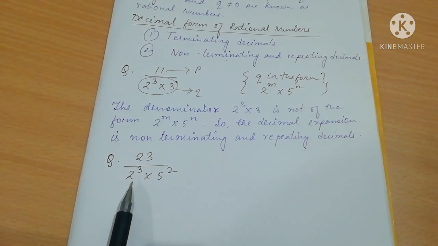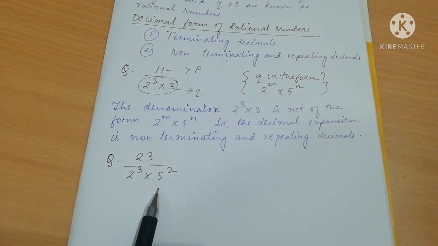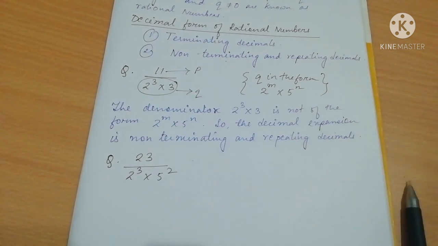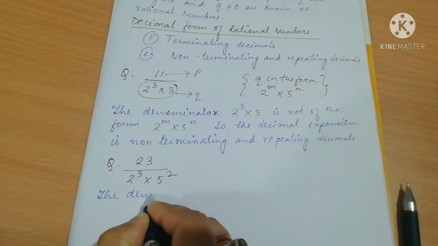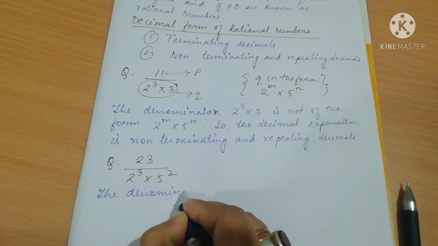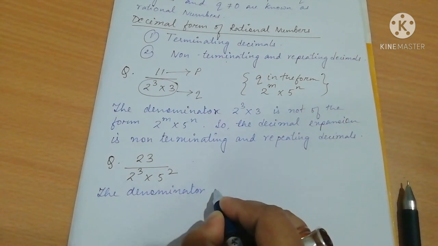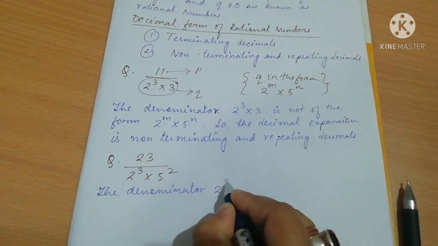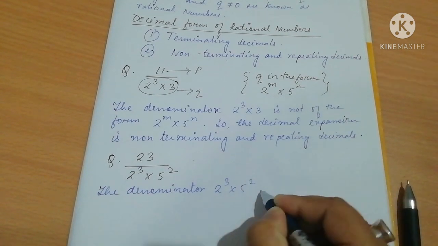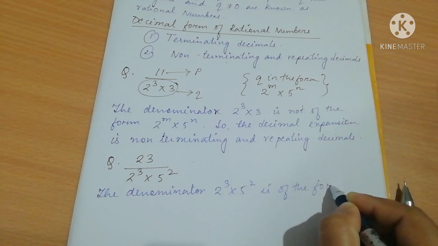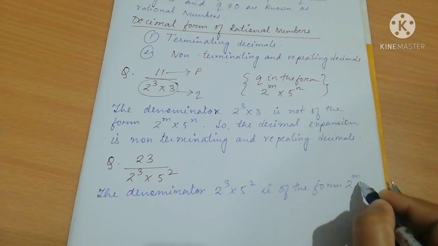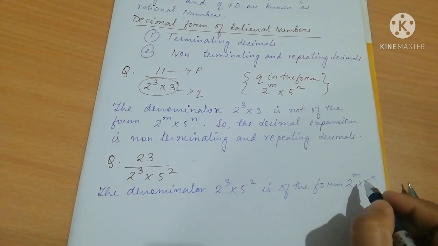Why terminating? Because q is in the form 2 to the power m into 5 to the power n. The denominator 2 to the power 3 into 5 to the power 2 is of the form 2 to the power m into 5 to the power n.